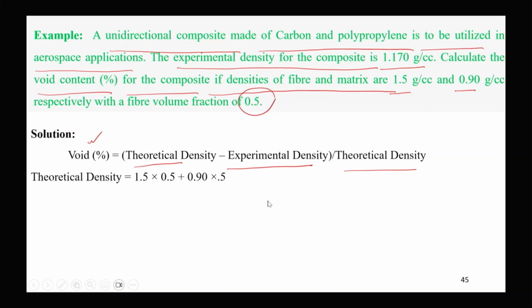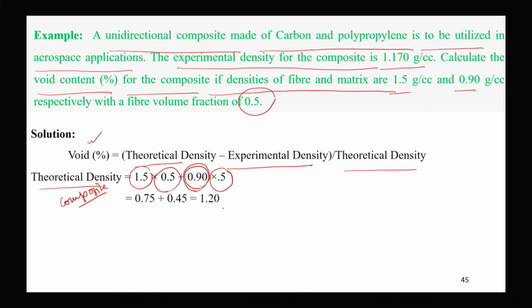So theoretical density we can calculate by using the rule of mixture. Theoretical density of composite is density of fiber 1.5 multiplied by volume fraction 0.5, plus density of matrix multiplied by 0.5. So we will get the theoretical density of composite.